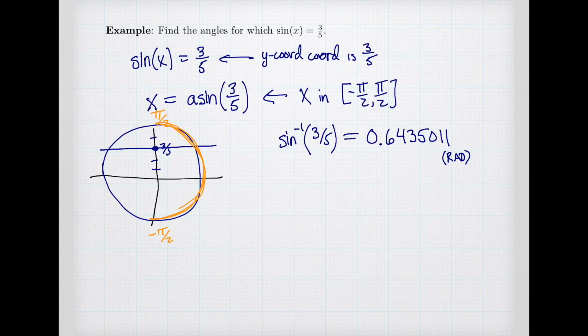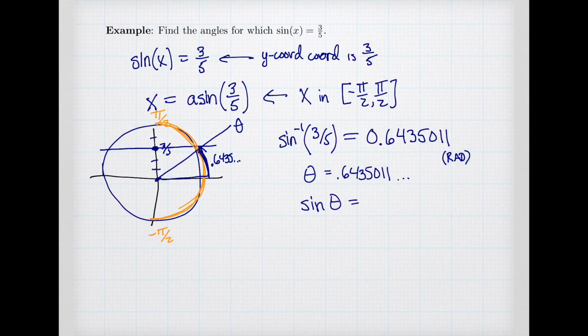So what does that mean? Here's my origin, here's my angle 0. If I travel a distance of 0.6435 along the circumference to get an arc, that's my radian angle. I get an angle of 0.6435011, and when I calculate the sine of that angle, I get exactly 3/5.